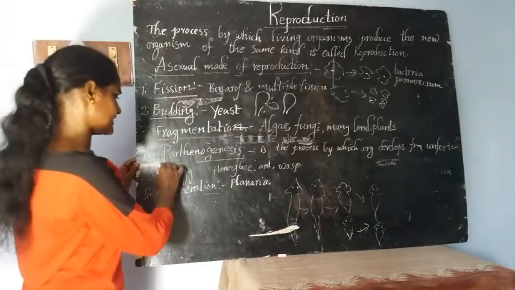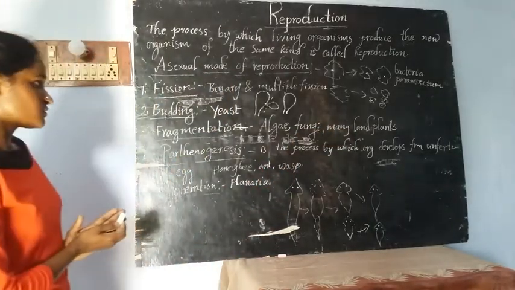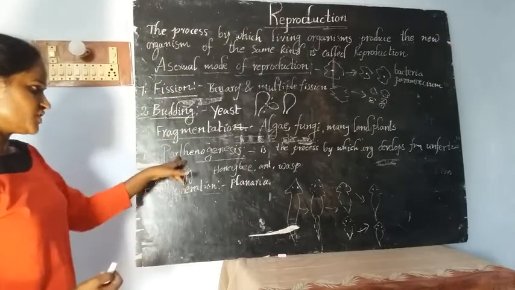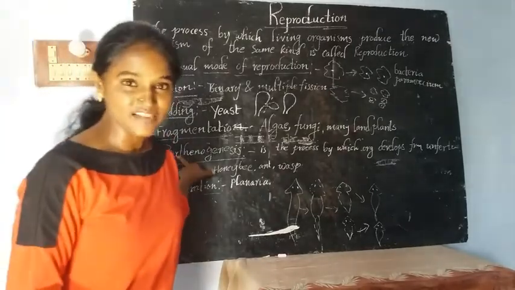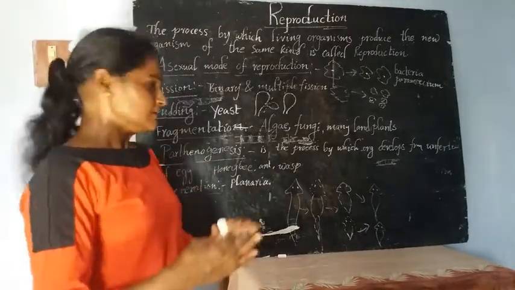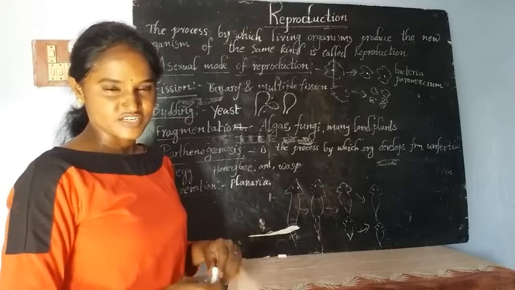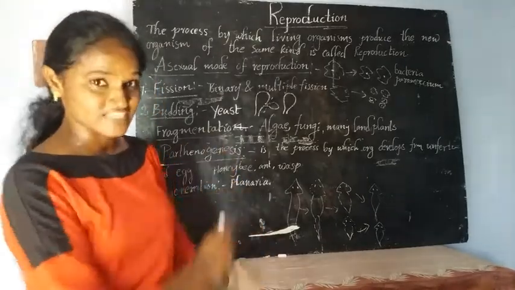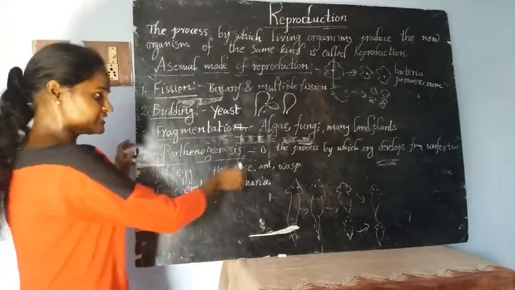See here, children, the next process of asexual reproduction is parthenogenesis. It is a very important variety of asexual reproduction.